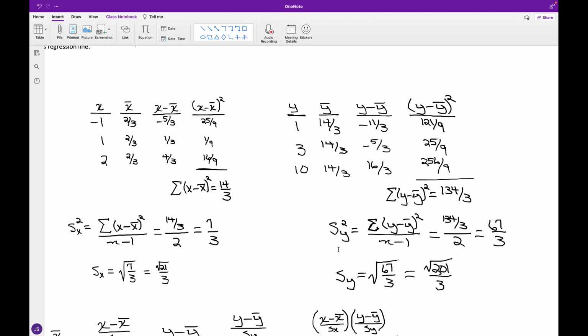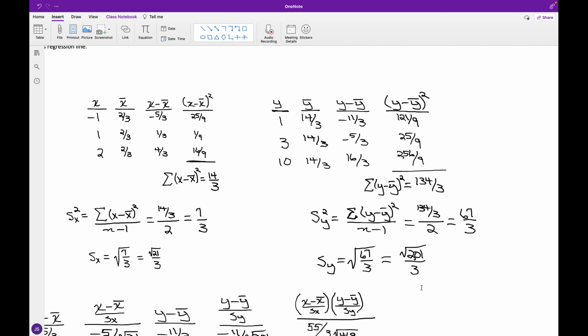The square of the sample standard deviation is the sum of the squares of the differences in y between y and the mean value, which was 134/3, divided by the number of points minus 1, which is 2, and this lowers to 67/3. Taking the square root, we can express it either as the square root of 67/3 or as the square root of 201 over 3.